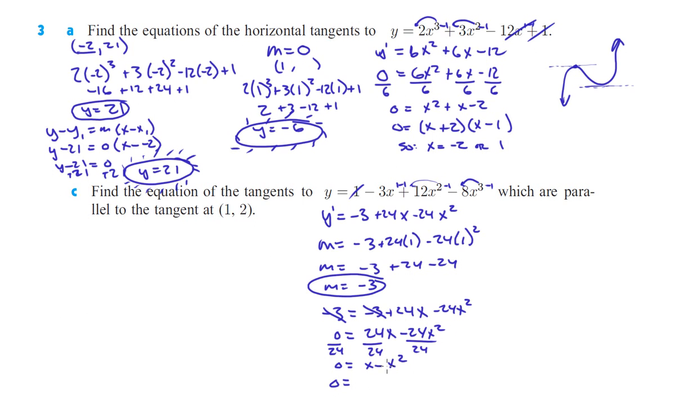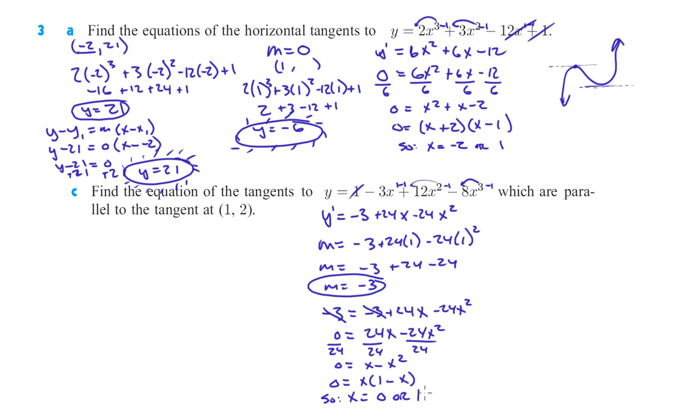Now we'll want to factor just like we did before. This one's a nicer factor because we can just factor an x out of both terms. x divided by x is 1, and negative x squared over x is negative x. So x has to either equal 0 or x has to equal 1.